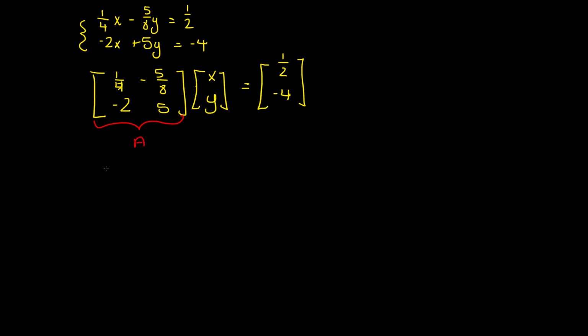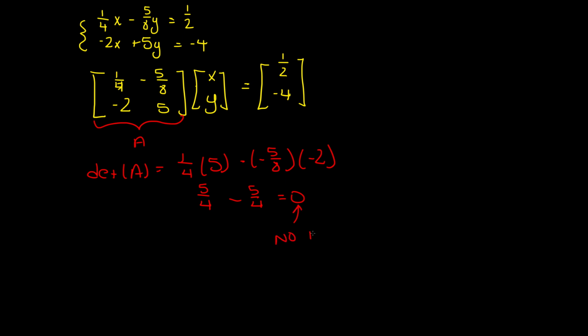For a 2 by 2 matrix, the determinant of A is equal to 1/4 times 5 minus negative 5/8 times negative 2. Here we get 5/4 minus 5/4, so we get 0. If we have a determinant of 0, this has no inverse matrix.